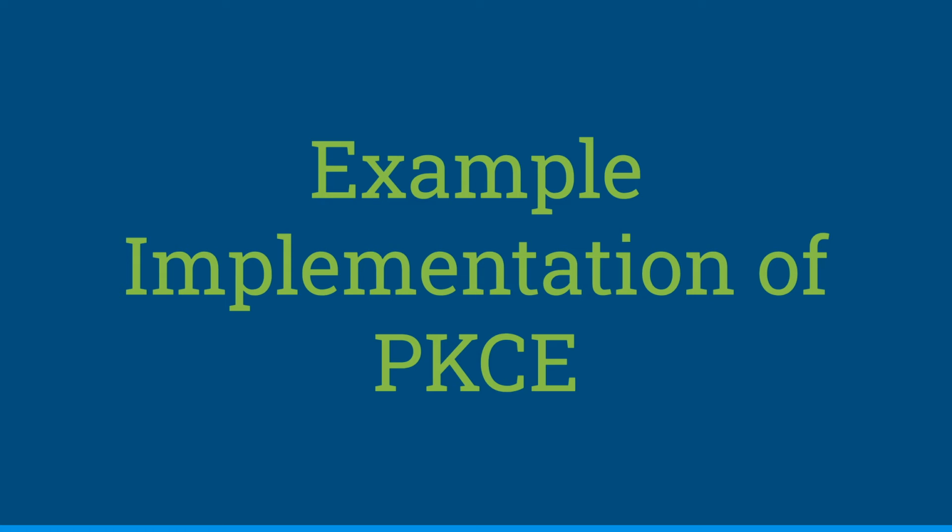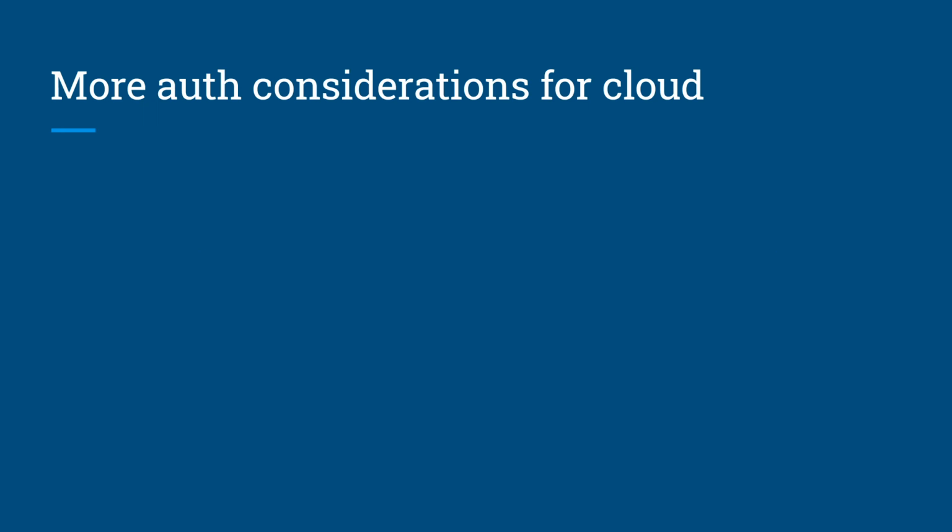It all happens behind the scenes. So as long as you aren't trying to change it too much, it's a really straightforward auth flow to implement. But there are some more considerations for authorization in the cloud.